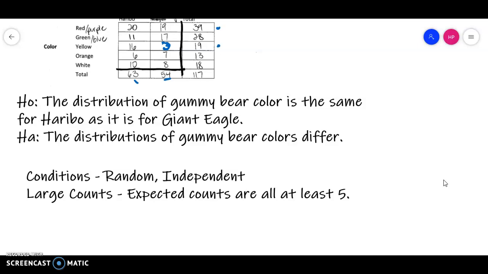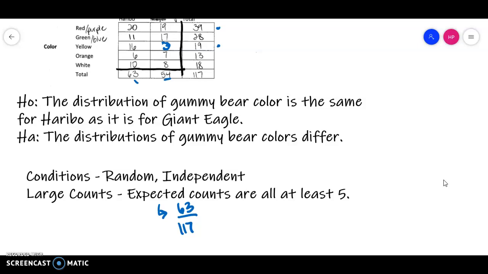And so taking those proportions into account and what the breakdown should be, and then figuring out what each of my values are. So if I look at just my first expected count, my red and purple, this one does have a new formula for us. If we think, there are 63 of my 117 Haribo gummy bears that make up this table.